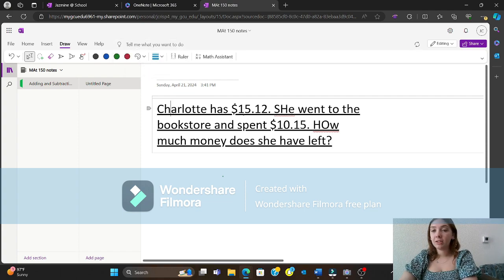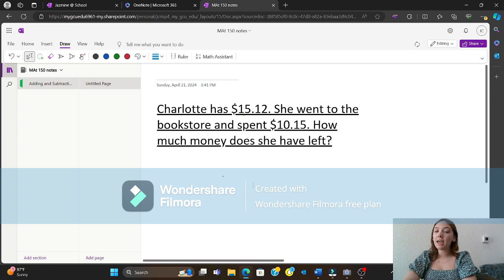All right, so let's go ahead and solve this now. So Charlotte has $15.12. She went to the bookstore and spent $10.15. How much money does she have left? So let's look at our key numbers. She has 15 and 12 cents to start off with. So let's write that down.